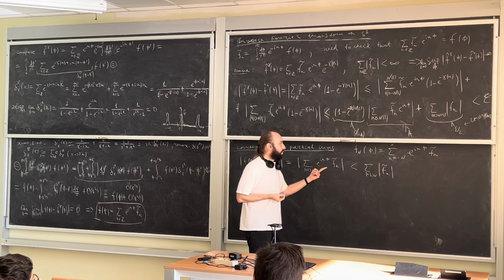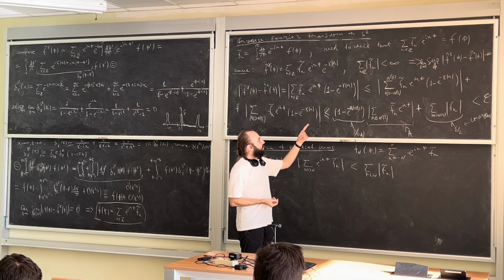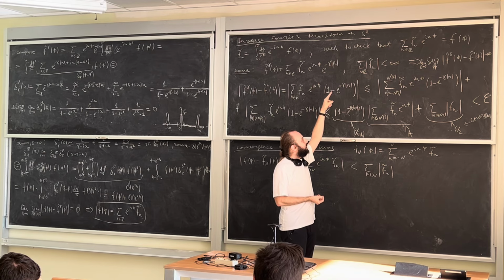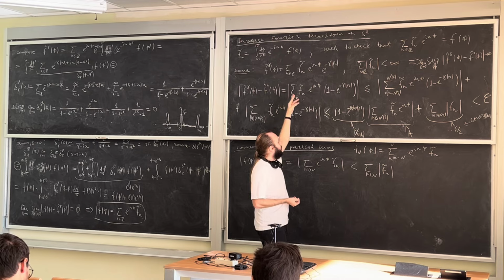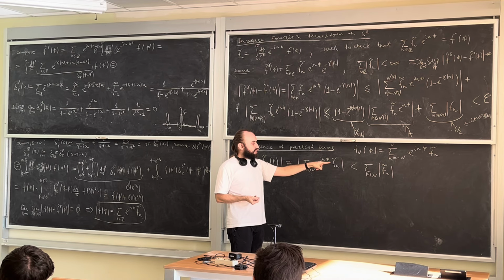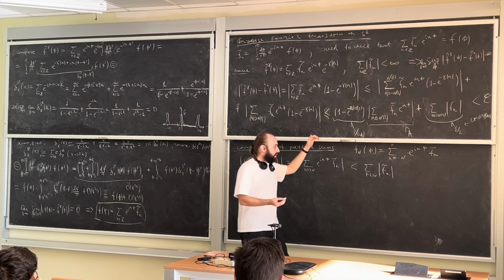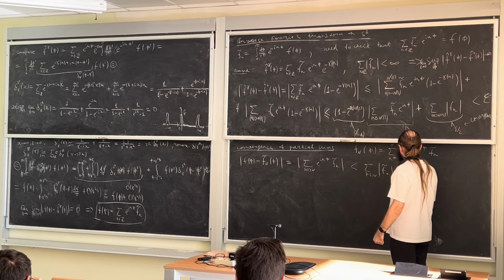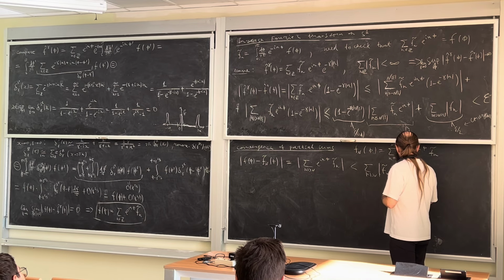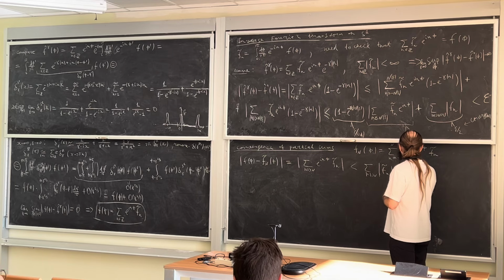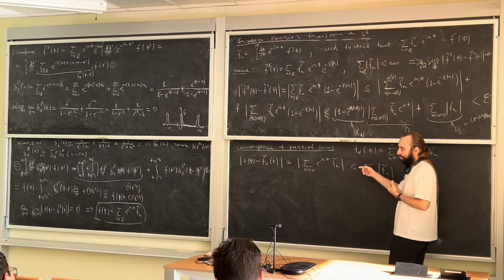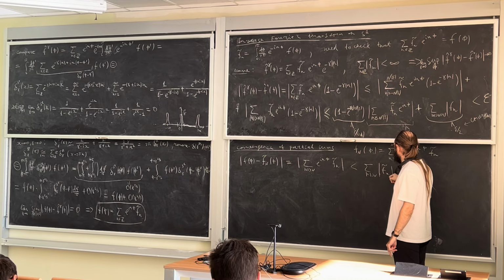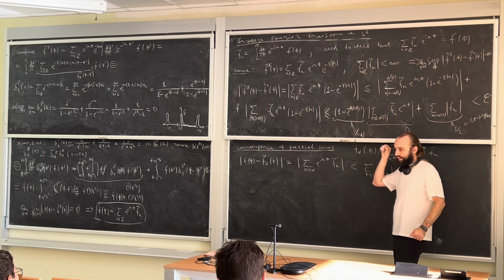And if we are in the assumptions of this lemma, then this sum is convergent, and this goes to zero when n goes to infinity. And of course, it goes to zero uniformly because this estimation does not depend on phi.